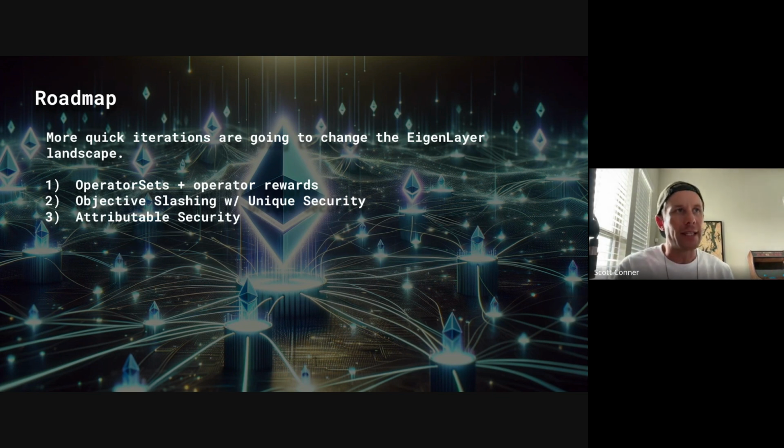So with EigenDA or some of your other AVSs have this idea of quorums or sub-AVSs, where these operators are running different software at different loads or take on different roles or tasks inside of your network. Operator sets allow you to design who is active in those different pools of operators as part of your AVS.